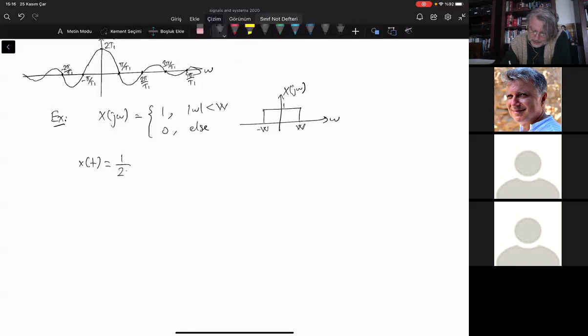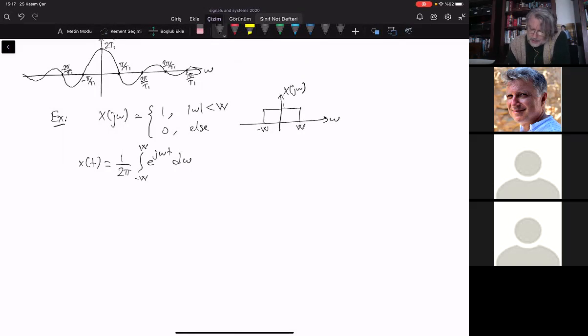The formula tells me that x of t is equal to 1 over 2 pi from minus infinity to infinity x of j omega e to the j omega t d omega. But it's not from minus infinity to infinity. That's not necessary. Only from minus w to w, x of j omega is valid, and that is 1. So I limit the integral limits to w. And inside it, it's 1 times e to the j omega t d omega.